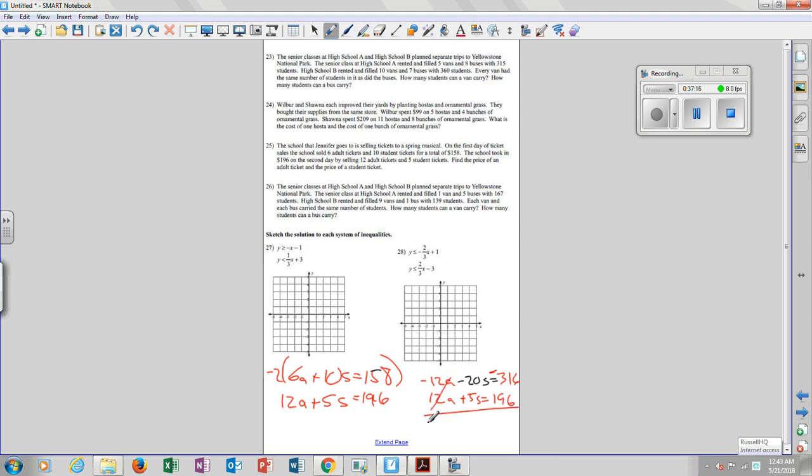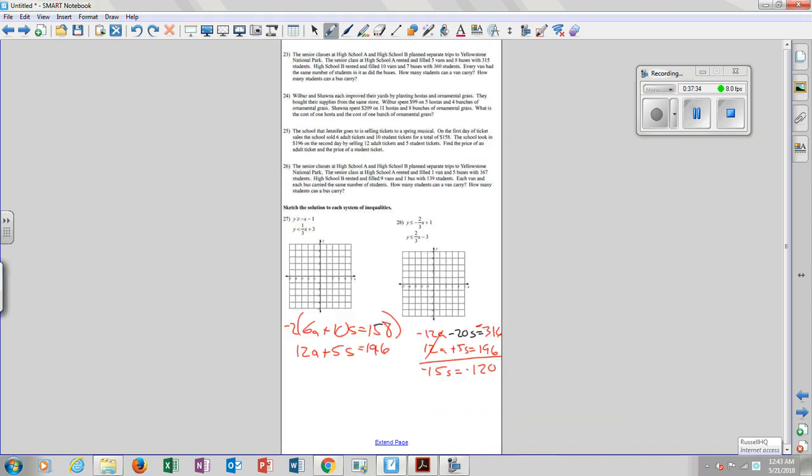Combine those two, negative 15S equals negative 120. Divide that out, you get S equals 8. So that's 8 student tickets.